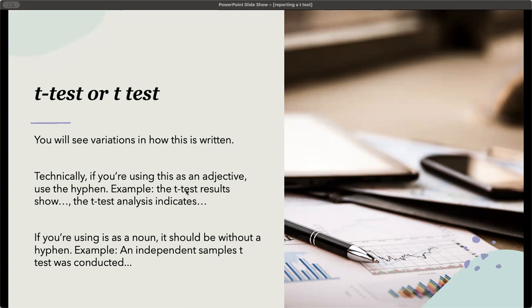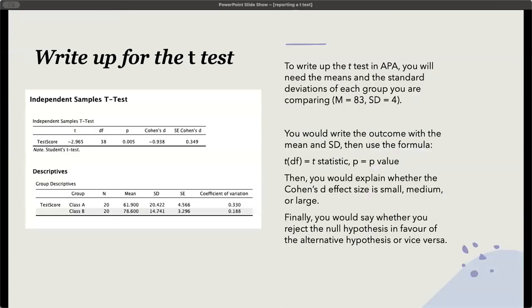Results is the noun and t-test is modifying that, so we're going to use a hyphen. Or the t-test analysis indicates, again, we've got the hyphen here. However, if you're using t-test as a noun, it should be written without a hyphen, such as an independent samples t-test was conducted.